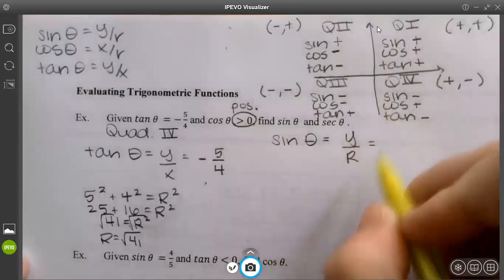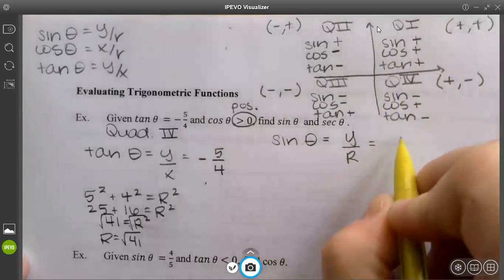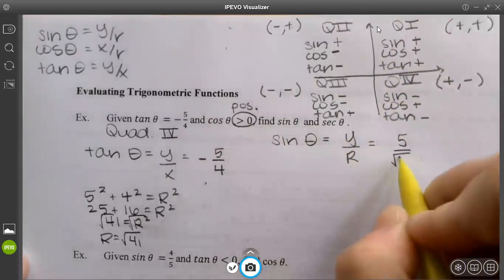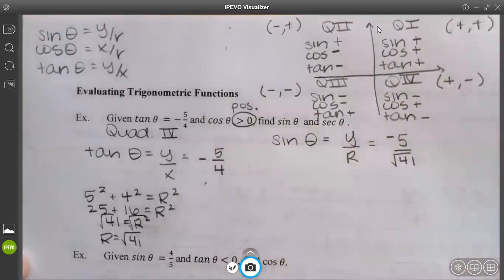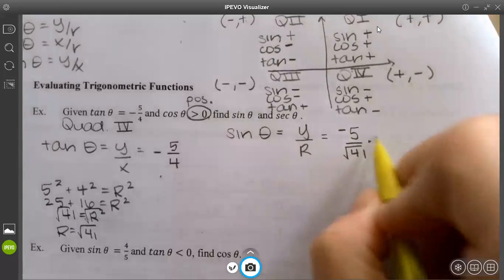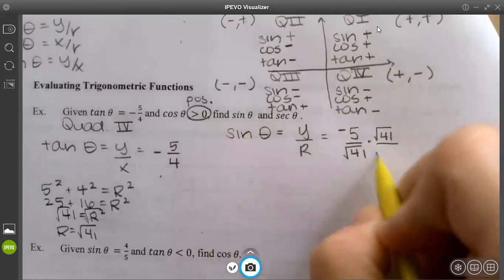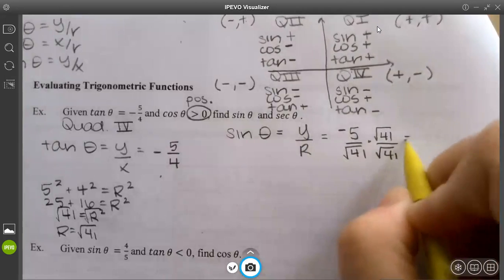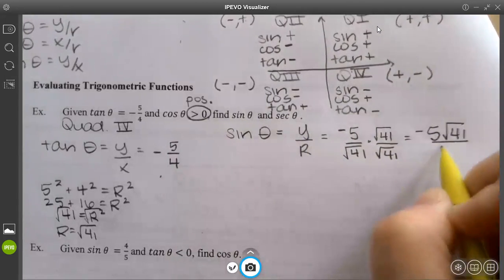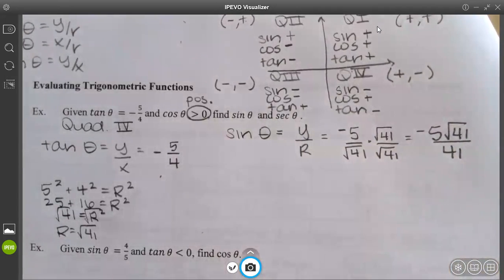Your y was what? 5. Your r was? And it said it was negative in quadrant 4. I can't have that. What do I have to do? So that gives you negative 5 square root 41 over 41.